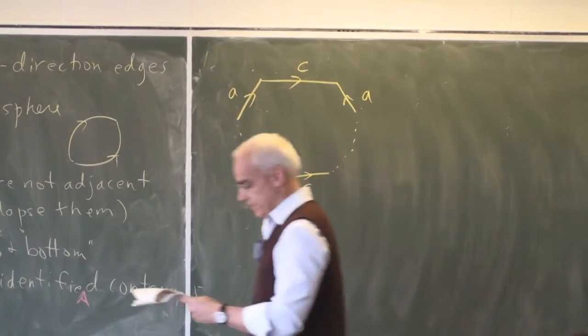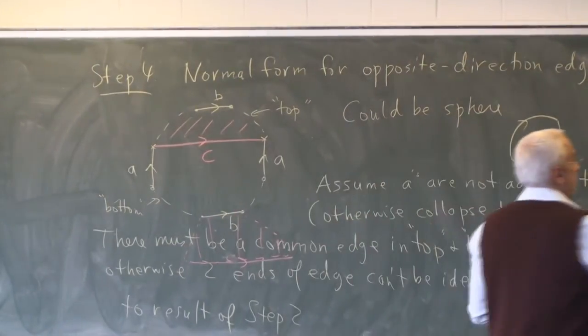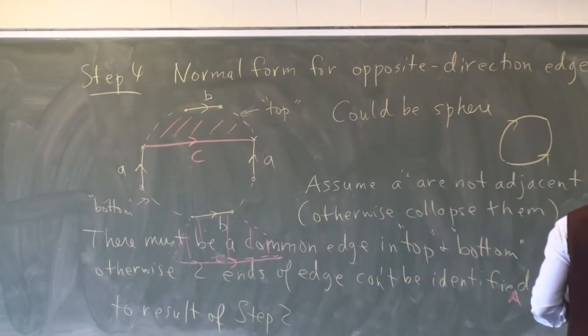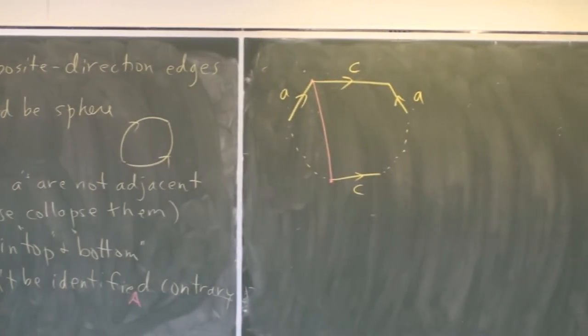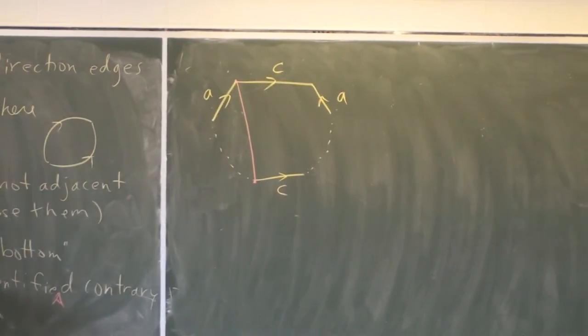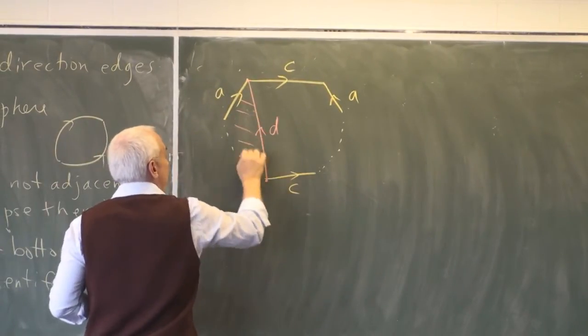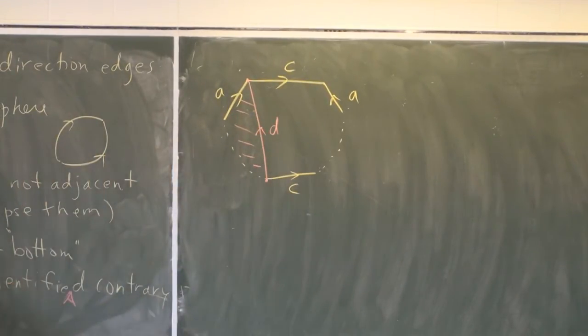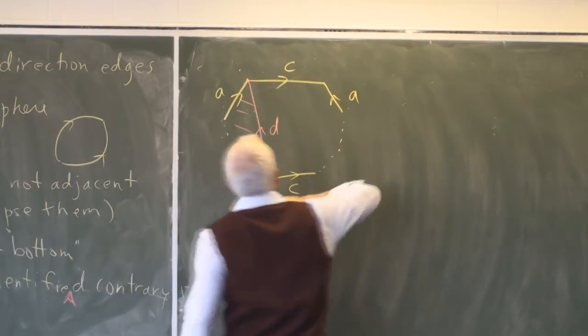Okay, now we're going to make another cut. Now we're going to cut along this edge. A new edge, let's call it D, and now there's that piece there. And where are we going to put that piece? We're going to join the A part to the A part over here.